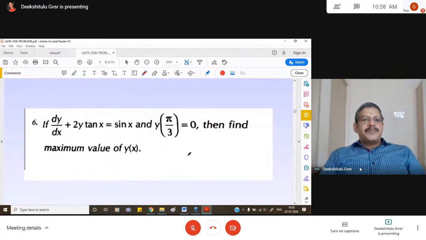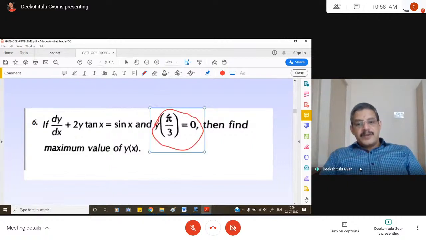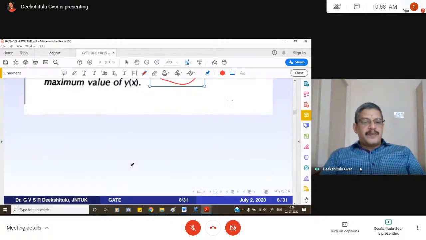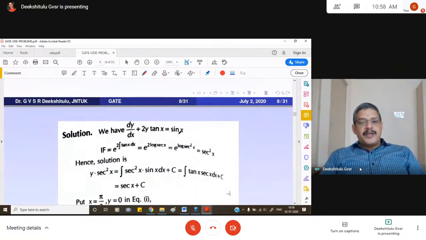So next one is dy by dx plus 2y tan x is equal to sin x. Sometimes a condition may be given like this, an initial condition, what we call an initial value problem. Then find the maximum value of y of x. This is in the form dy by dx plus p of x into y.